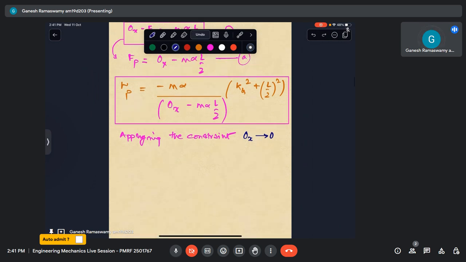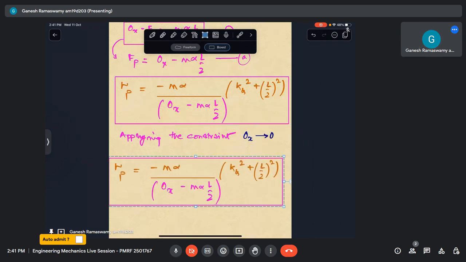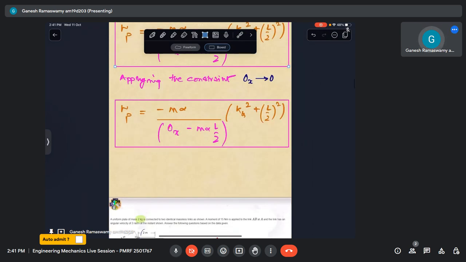So let me take this. For the center of percussion, Ox would have to be 0. So if I apply this to be 0, I just remove this. So the minuses cancel out. M alpha cancels out. So what do I get? I get this quantity in the numerator divided by L by 2.